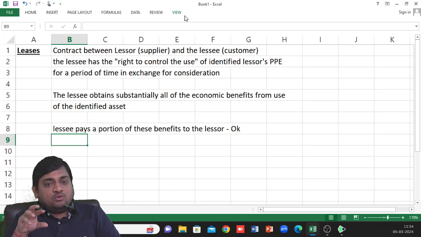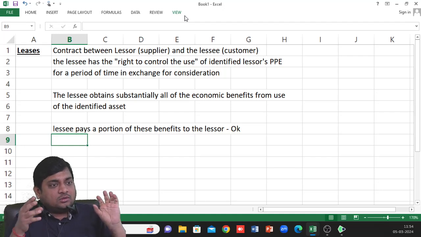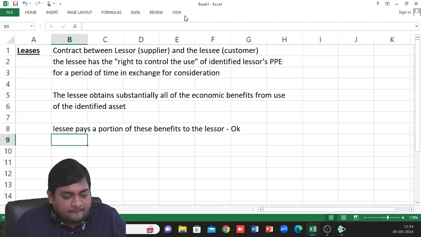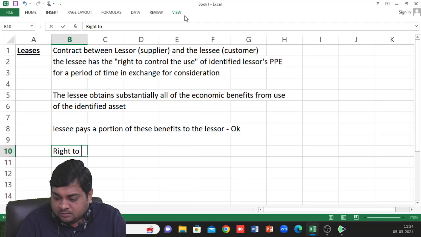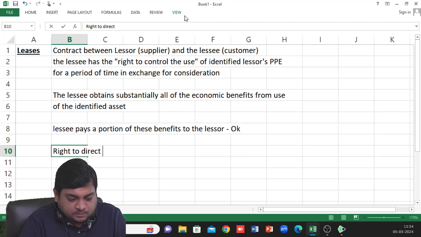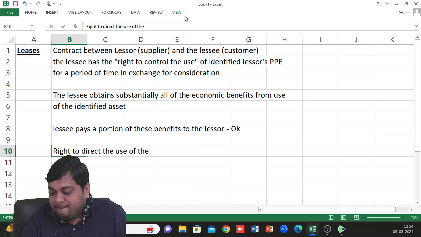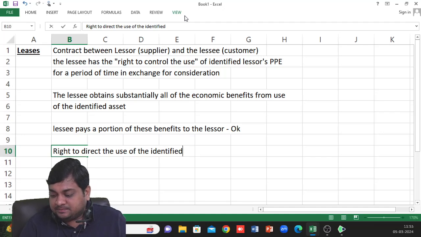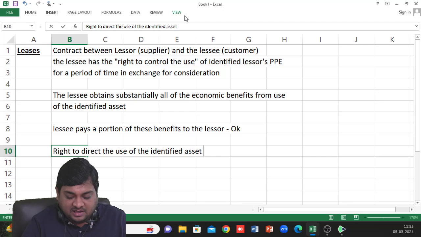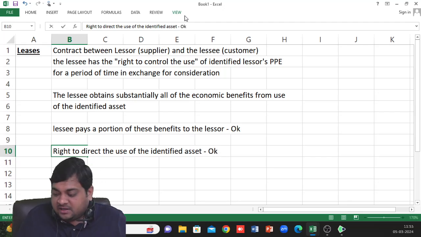I'll give you the asset for use, but these are certain directives that you have to follow. That is okay, no problem. So the right to direct the use of the identified asset, it is okay.